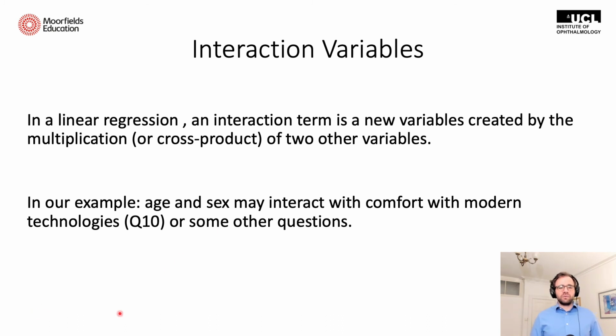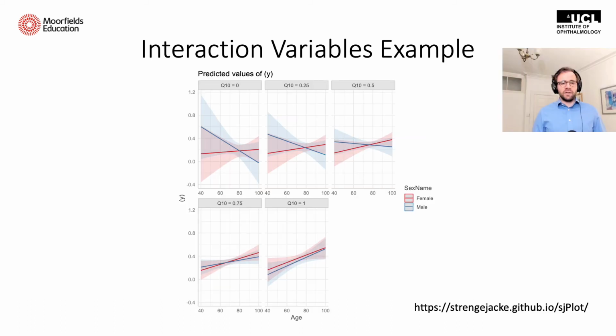But I'm just going to make it concrete. I'm going to show you an example here, specifically of age, sex, and answers to question 10. You can produce these sorts of plots yourself by using this R package here. Each facet is a different answer to question 10, and the red and the blue are male and female.